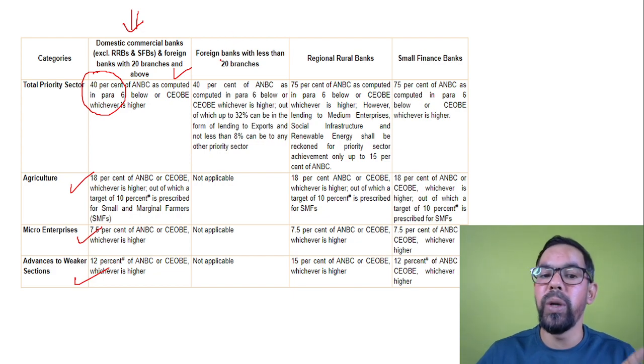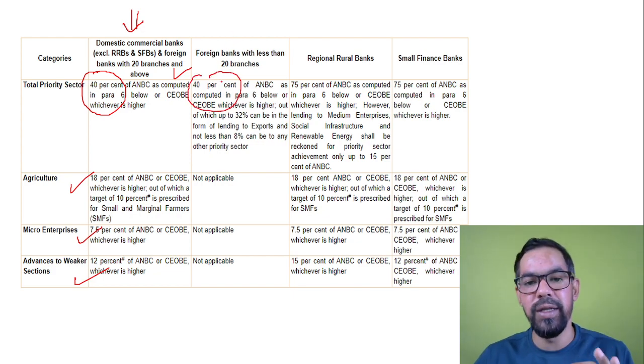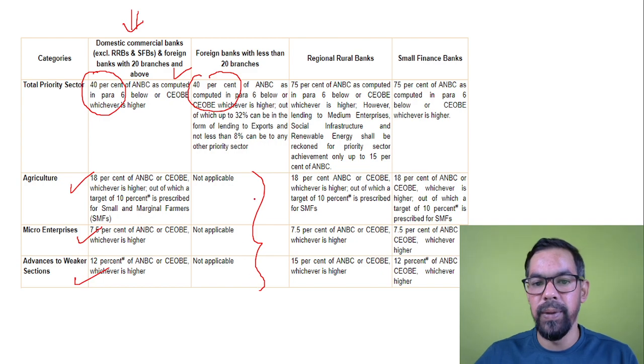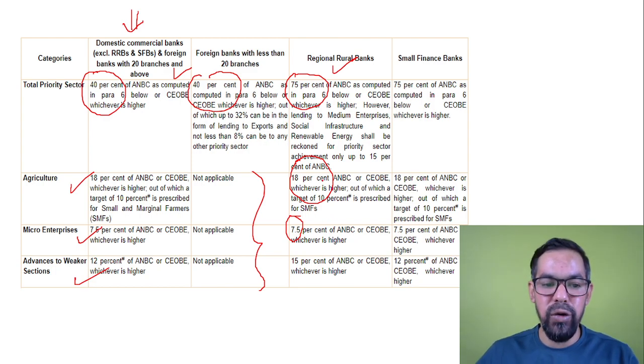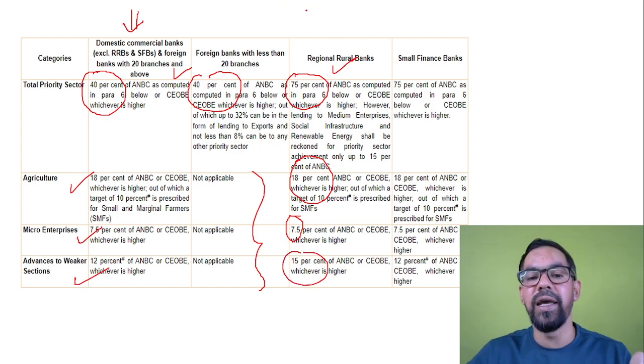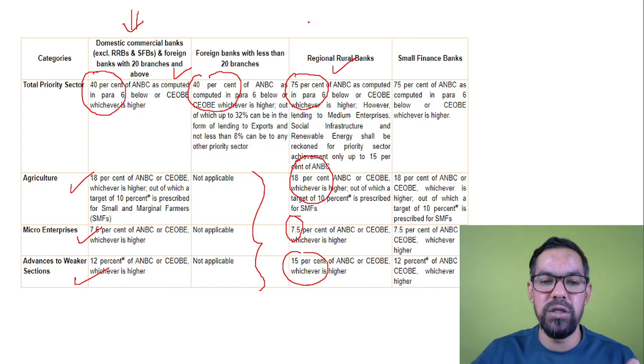Foreign banks with less than 20 branches, 40% to the priority sector. This is not applicable. Regional rural banks have to lend 75% in the priority sector: 18% in agriculture, 7.5% in MSME and micro enterprises. Weaker section is 15%. And regional rural banks have another category known as micro and small farmers.